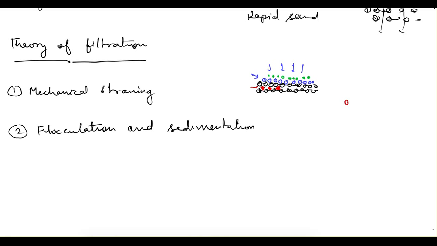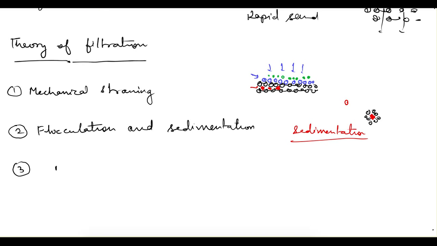Let's say this is one void of this filter bed material. In this void it will act like a sedimentation tank. Initially one small particle will come and it will attract other particles, so the size of the particle will increase and it will be entrapped in the void. That's how these voids act as sedimentation tanks, and it helps in removing impurities of very small size, even smaller than the voids between this filter material. That is your second process.